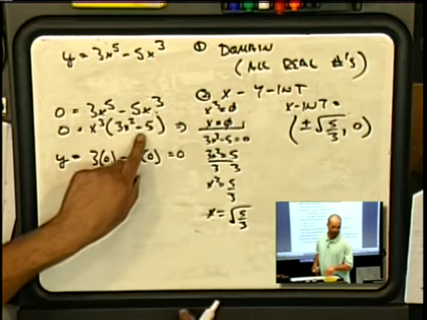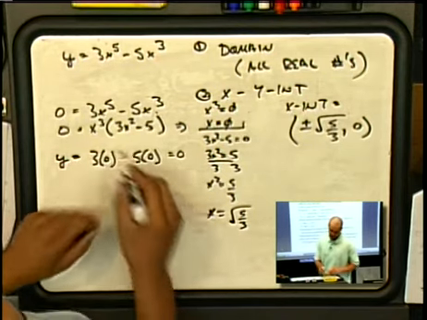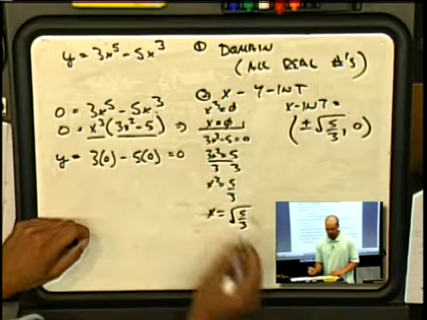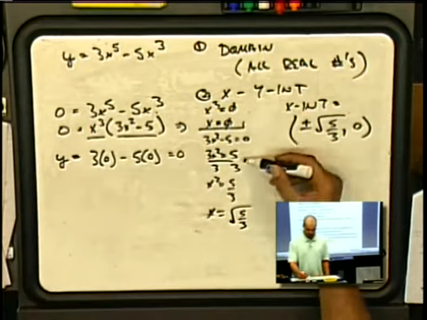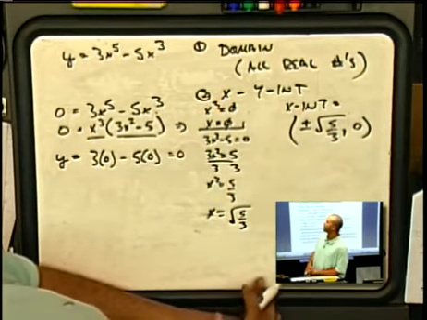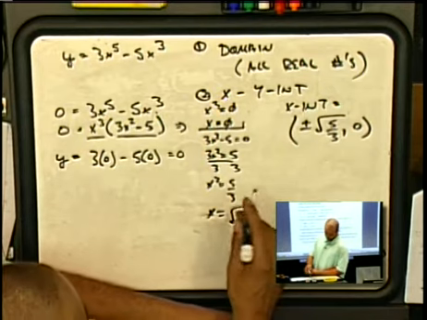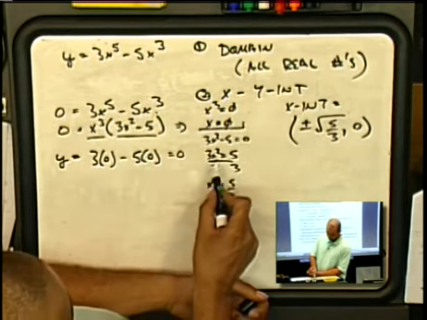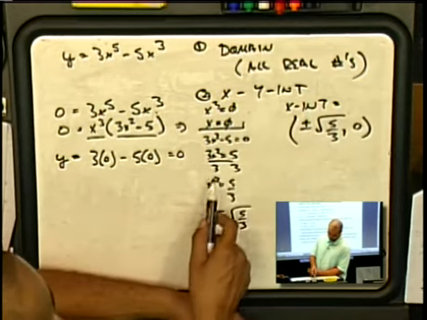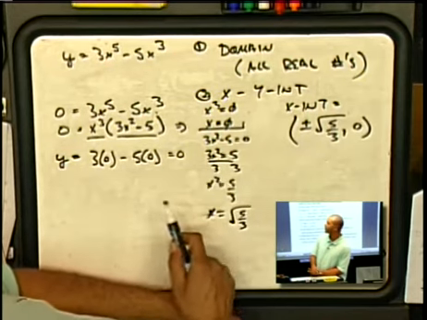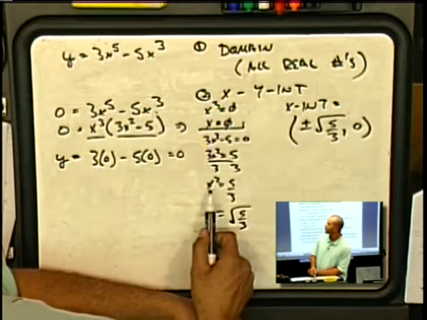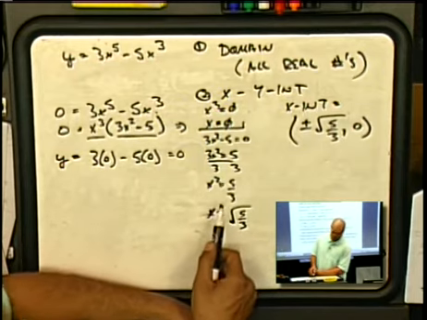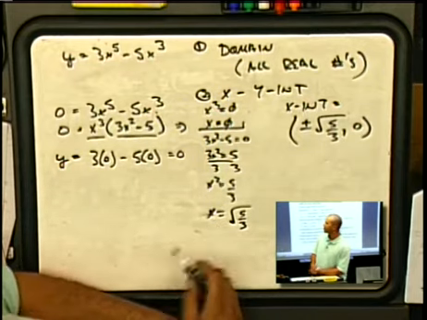Then you just solve for x: 3x squared equals 5, divide each side by 3, so x squared equals 5 over 3, and then you take the square root. Okay, I see now.